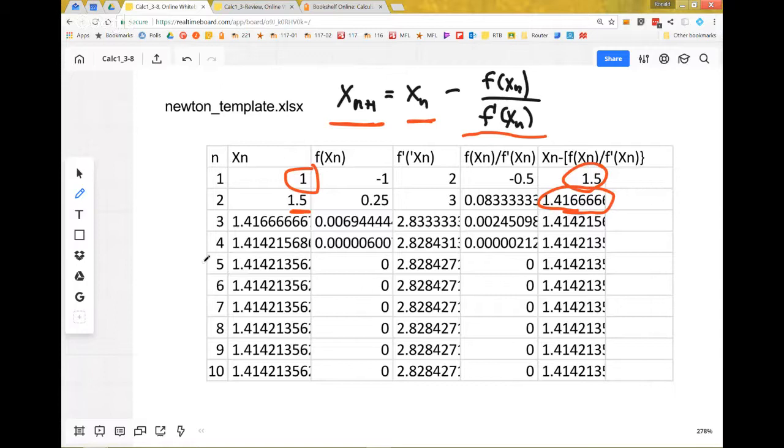Again, let me just ask, does anybody have any questions on the Newton's assignment? Were you able to make use of the spreadsheet template? This one I'm looking for a response for.